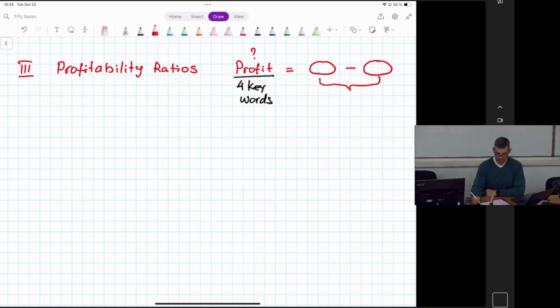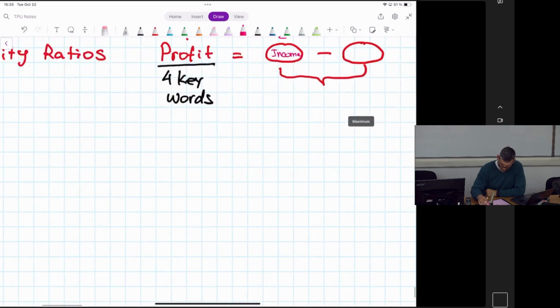So this is the picture of profit. The first word is difference, or the minus. What we use as a minus, in other words, difference, разница.